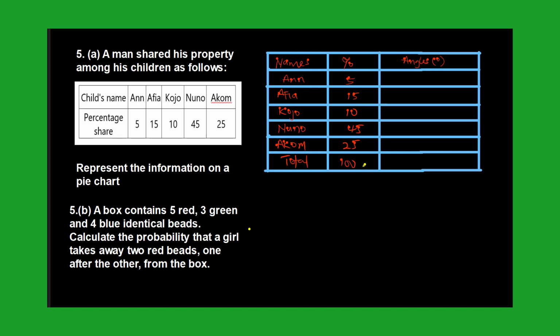So what we need to do is to find each of the shares in degrees. It means for the case of Anne, it will be 5 over the total of the shares, which is 100, multiplied by 360 degrees over 1. That is 5 over 100 times 360 over 1.